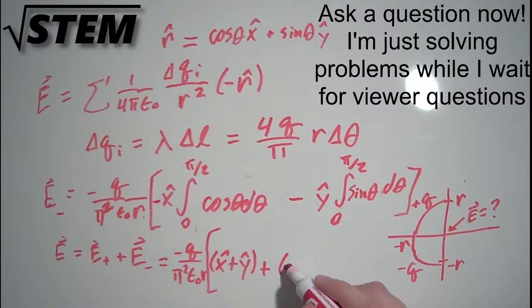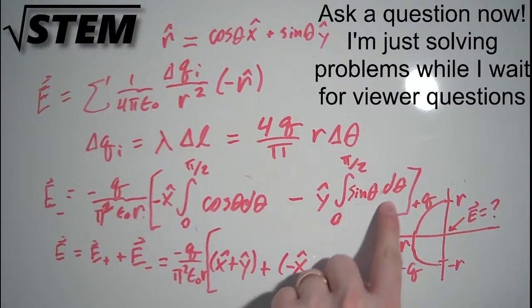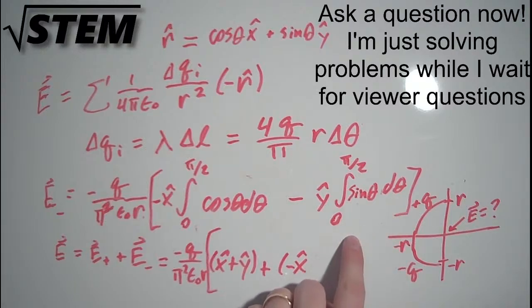So negative x hat. Which is what we'd expect. We'd expect positive charge to move to the left towards this negative piece. And this integral is going to give us a negative 1 again, which will result in a plus y.